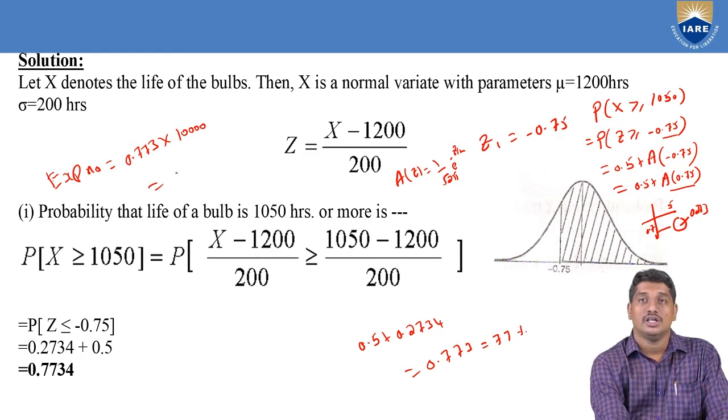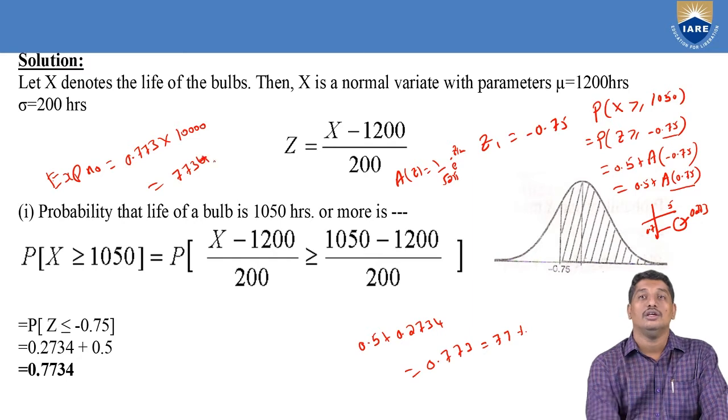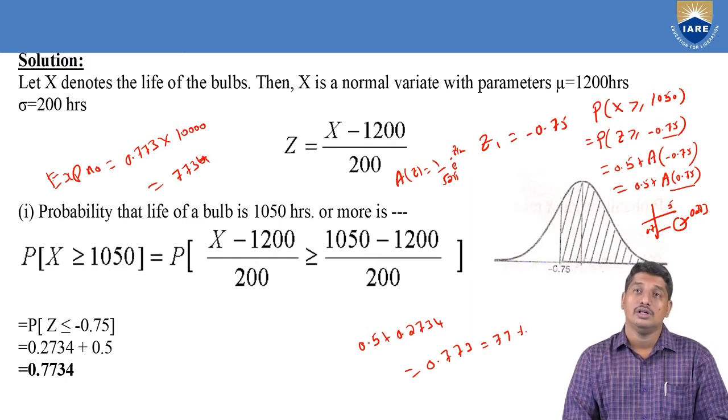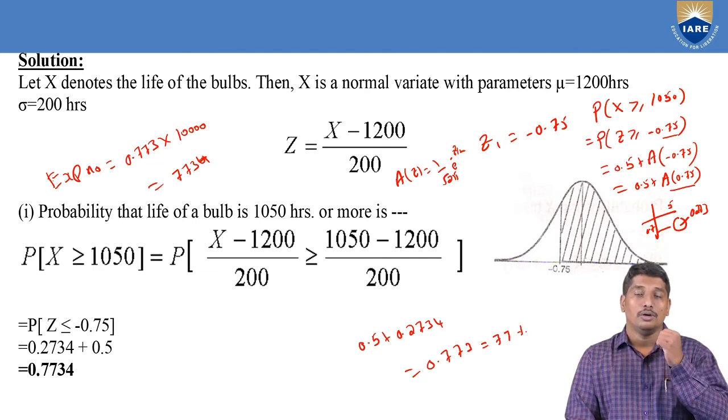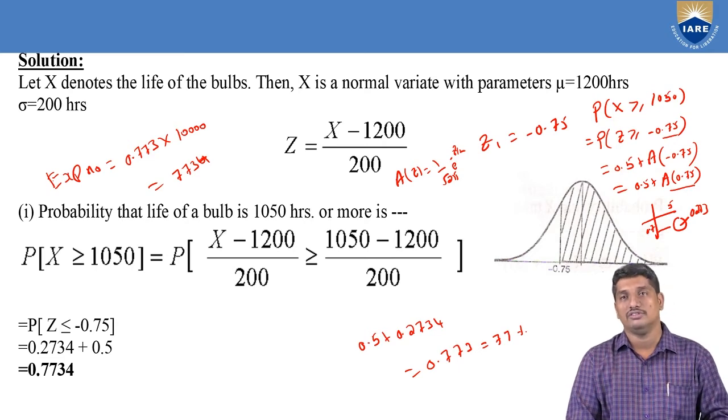That means approximately 7,734 bulbs out of the 10,000 bulbs we brought will glow continuously for more than 1050 hours.